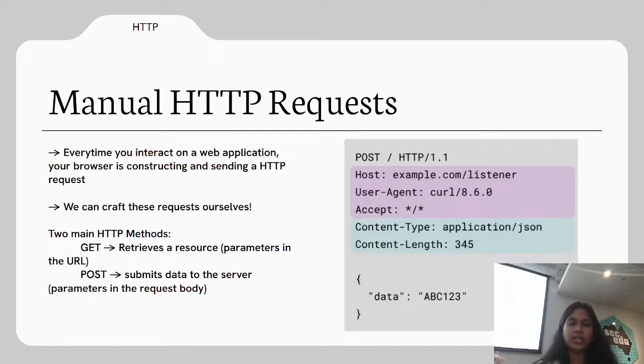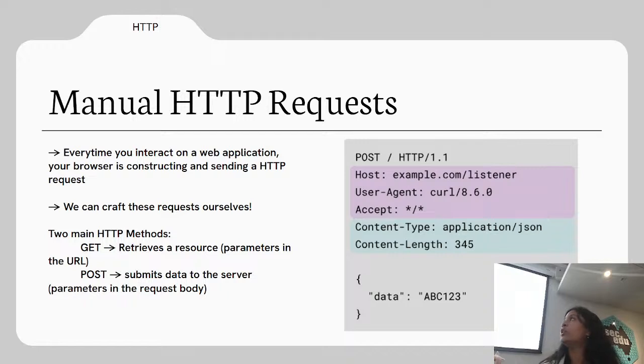In terms of tampering with HTTP requests, every time you interact with a web application, your browser constructs the HTTP request itself, but you can change this request and manually create one. The two main HTTP methods in web security are GET and POST. GET retrieves a resource, and the parameters are going to be in the URL when you retrieve this resource.